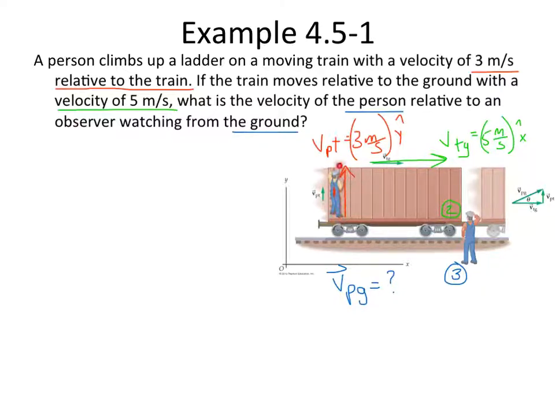Well, the person is climbing up vertically, and yet the train they're climbing on is moving horizontally, so they're going to have a vertical and a horizontal component of their motion, like the little vector diagram illustrates. So we should expect to see them moving up kind of like that, the velocity of the person from the standpoint of an observer on the ground. Well, let's find out what that is.